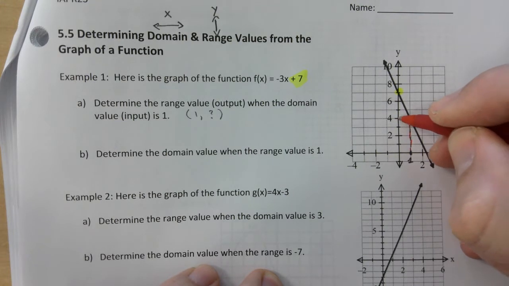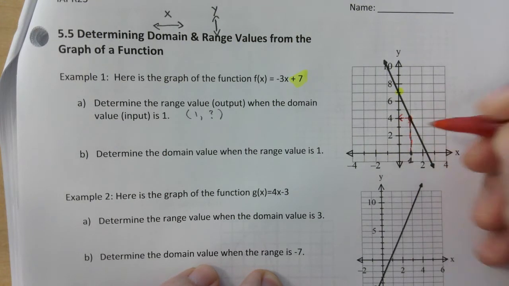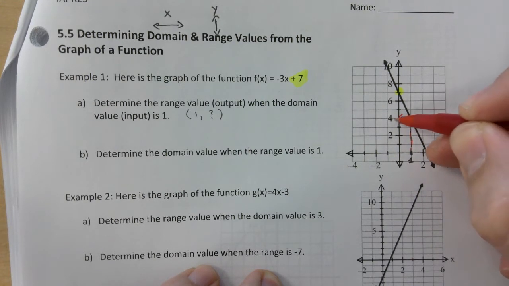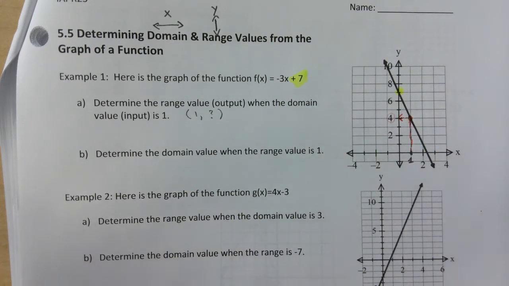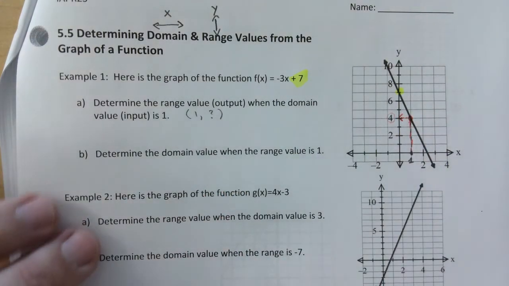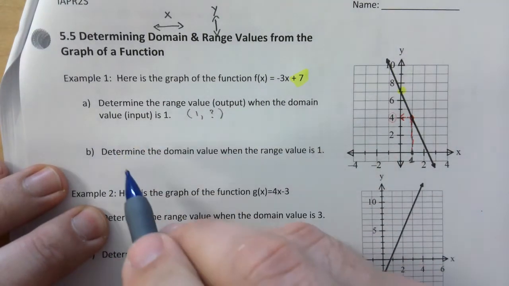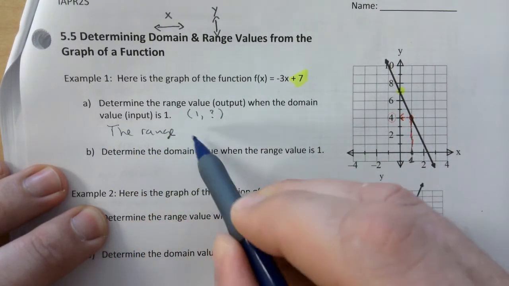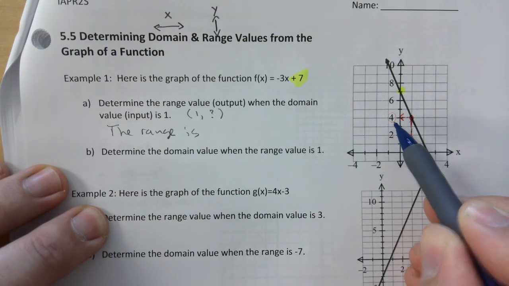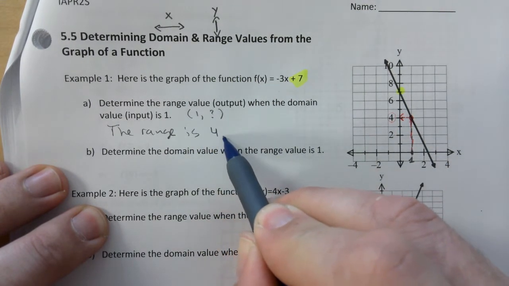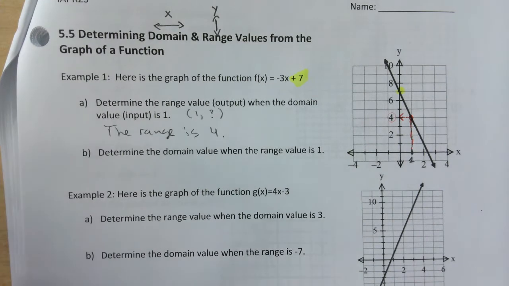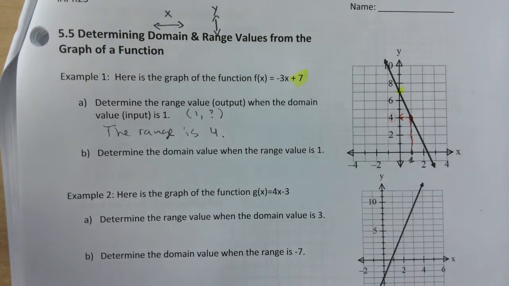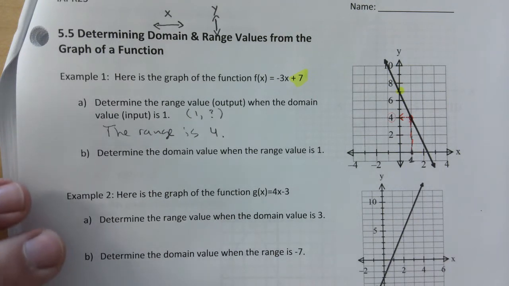You went up and then over, so it's actually 4. So the range is positive 4.